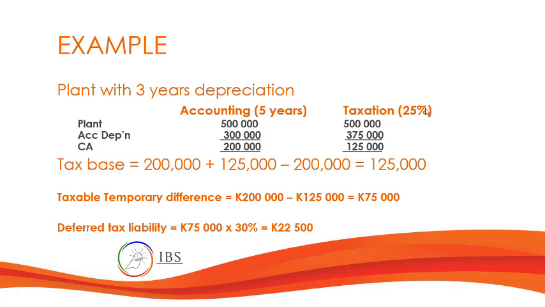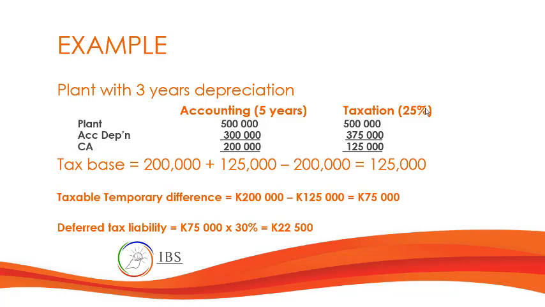So which means 500,000 multiplied by 25% per year, there should be 125,000 as depreciation. So we have 3 years, we have 375,000. So tax base will be 200,000 plus 125,000. That is the future deductible amount, and then less 200,000. That is the future taxable benefit. So we have a tax base of 125,000.